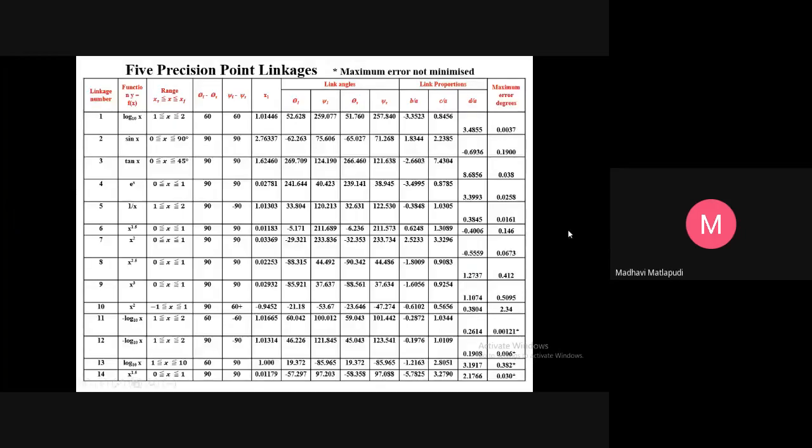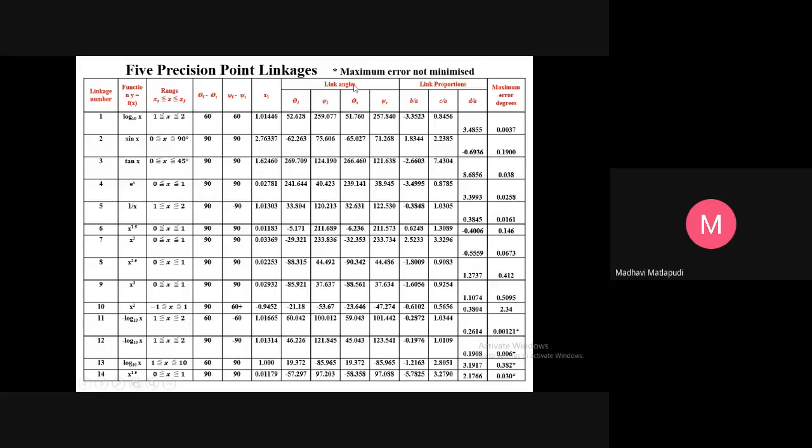So to understand this, you have a linkage number, meaning the function of that particular output link, the range of motion of the input link, then the net angle of the input link, net angle of the output link, and x1 as the first precision point.